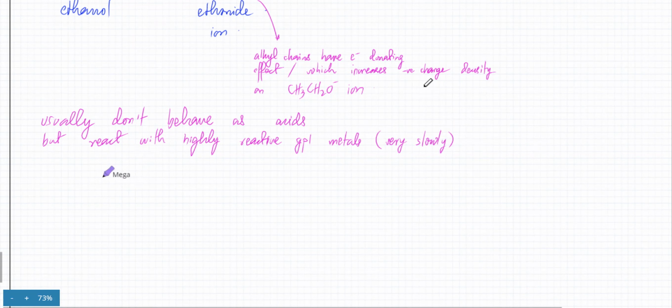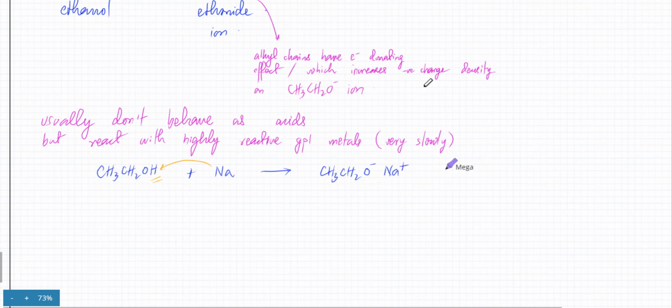And the reaction is similar to how an acid would behave. If you have an alcohol and you react it with sodium metal, the sodium metal is going to come in and the H would be lost. Like in HCl, the H is lost and Na takes over. So almost the same thing would happen. So it would be CH3CH2O minus 1, and Na plus 1 would take over.